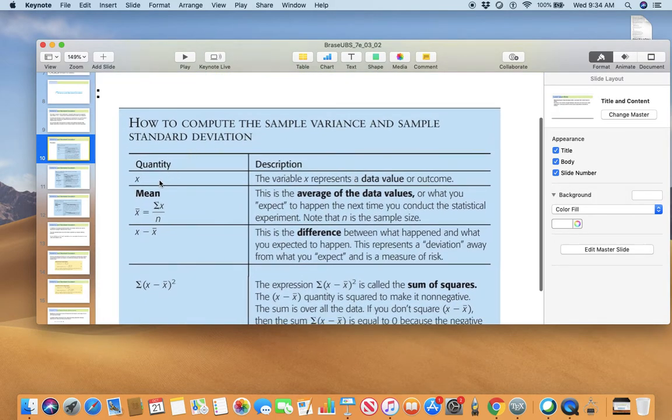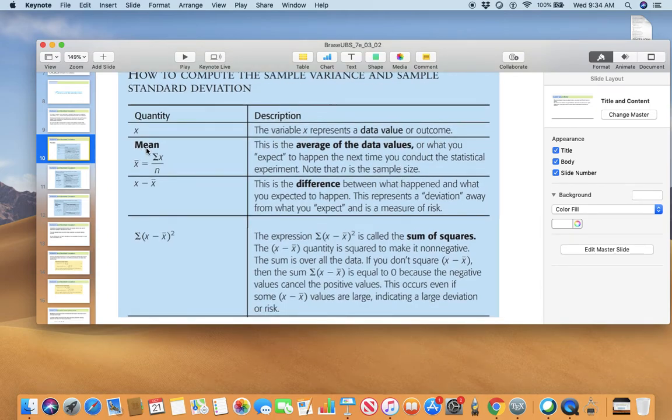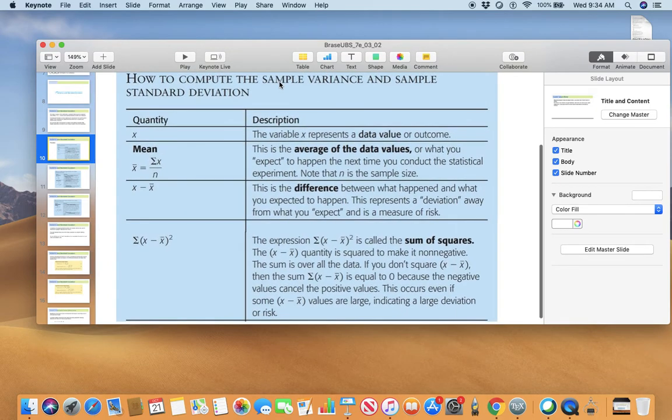Let x represent your data values. Find the mean. I'm looking at a sample. The mean is denoted by x bar. Add all the x's and divide by the total number of values. This is called the expected value. n is the sample size. So this is the average of the data values, or what you expect to happen.